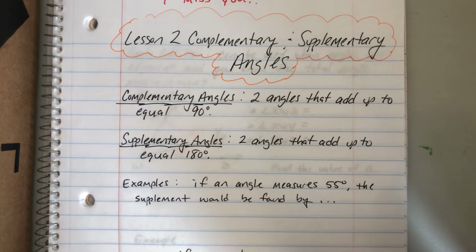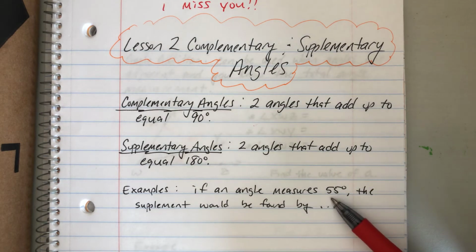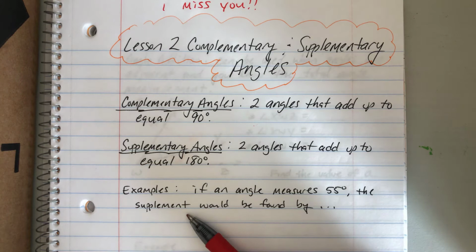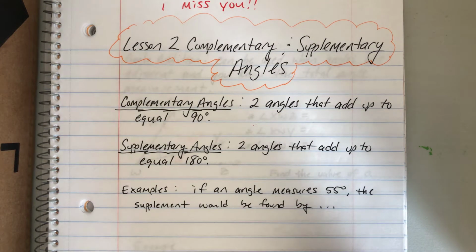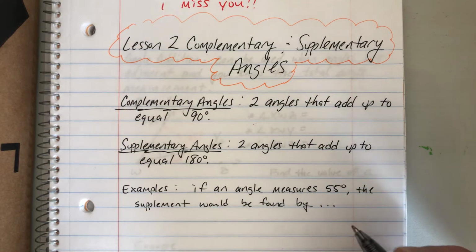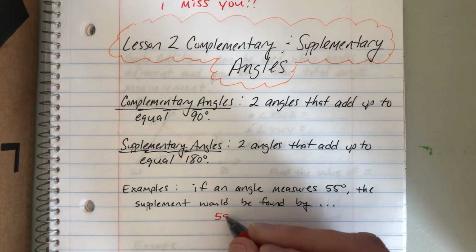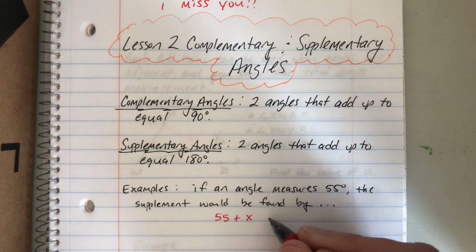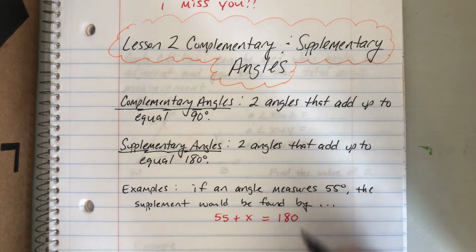Quick example here. If one angle measures 55 degrees, then the supplement would be found by completing this process. Since we know supplementary angles add up to equal 180, we would say that 55 plus the unknown angle will add up to equal 180 degrees.